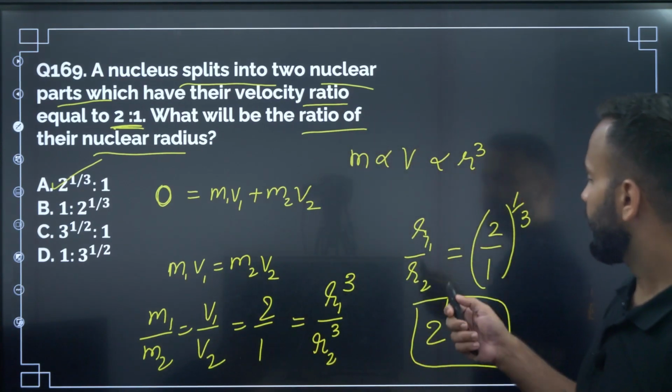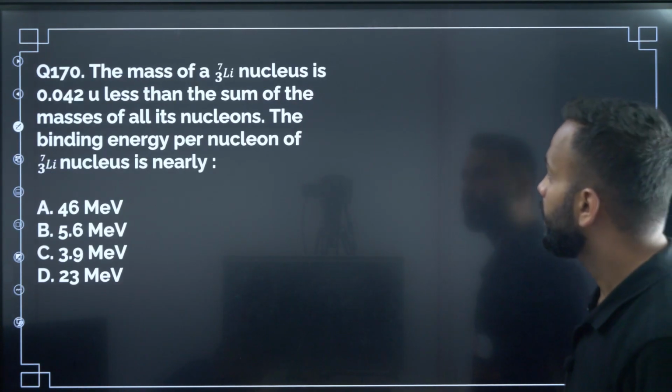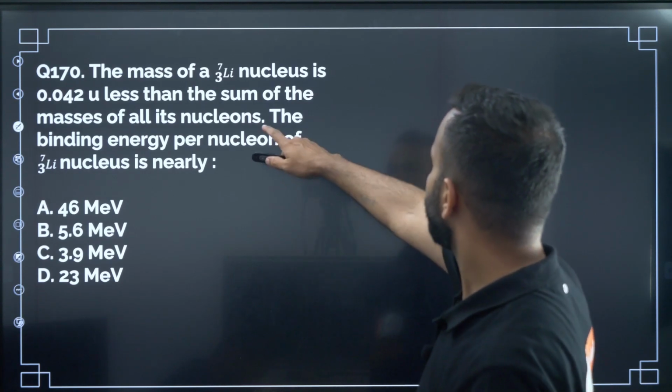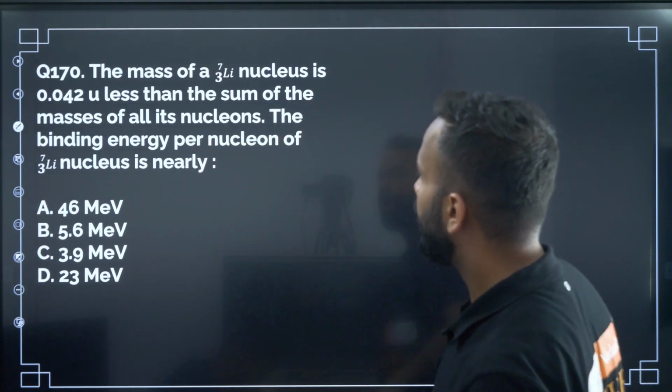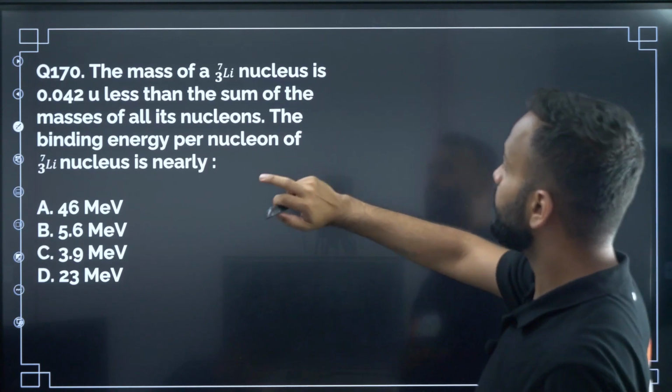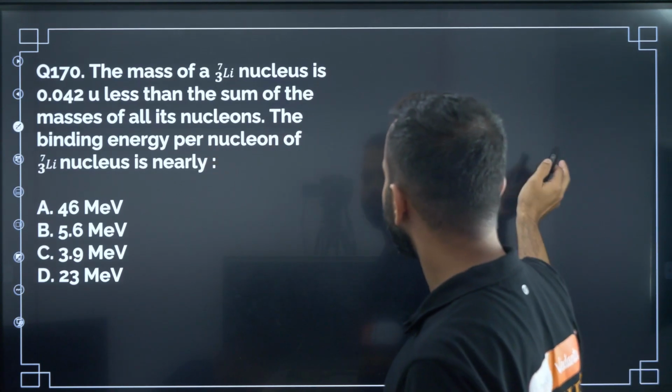Next question, 170. The mass of a lithium nucleus is 0.042 atomic mass unit less than the sum of the masses of all its nucleons.